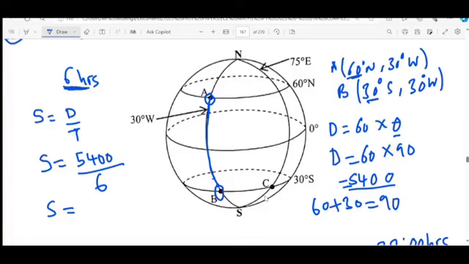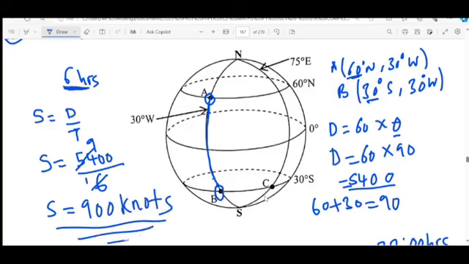Yes, it does, 9 times 6 is 54. So we have 900, then we say knots. This was the speed in knots. So that is how you can answer these questions under this eighth geometry question that came in the 2019 mathematics paper 1 for external candidates.